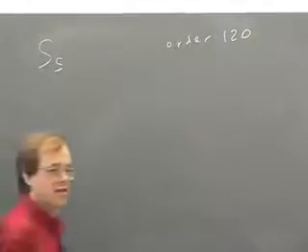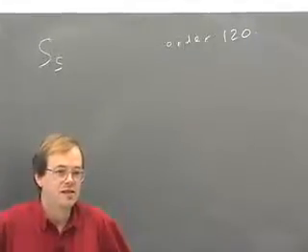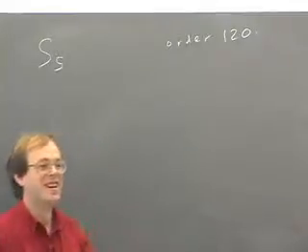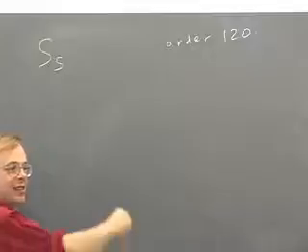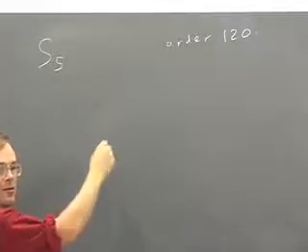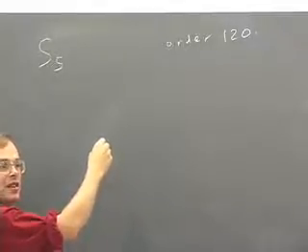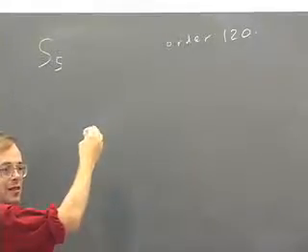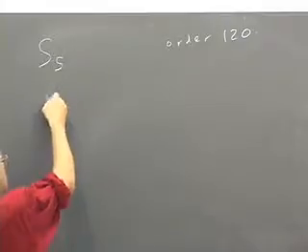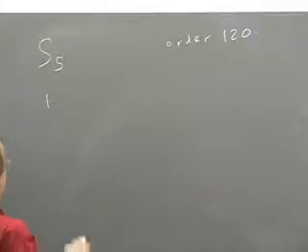How many conjugacy classes does it have? Can somebody list the conjugacy classes? Give me some representatives of the conjugacy classes. You can do them in any order.